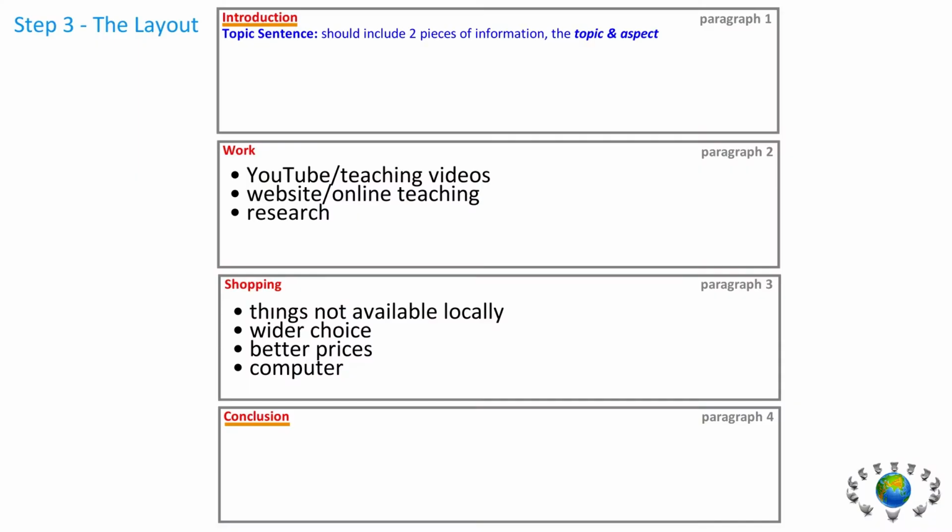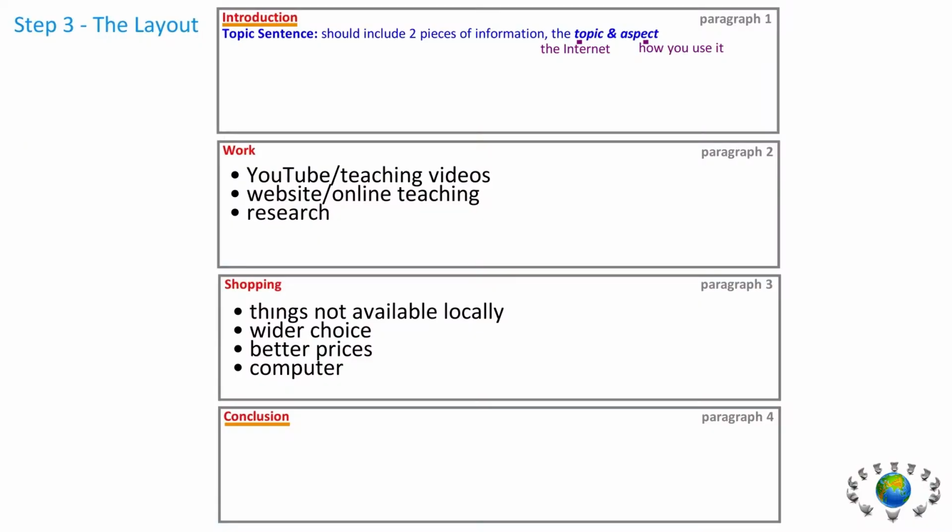And your topic sentence needs to have usually 2 pieces of information. The first piece of information is what the topic is. So today we're talking about, or I should say we're writing about the internet. That's very general. Why are we writing about the internet? Are we writing about the history of the internet?